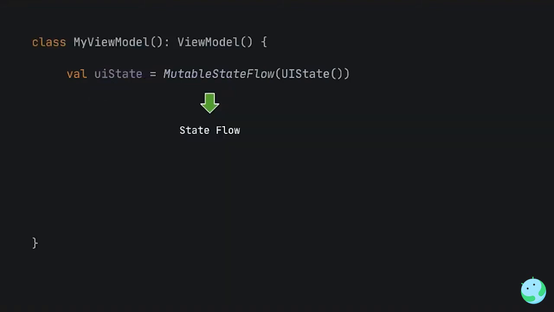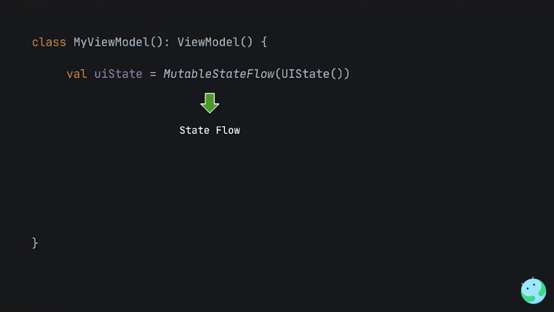So to expose the stream of states, what am I going to use? I'm going to use a mutable state flow. Recently, a couple of months ago or last year, shared flow and state flow were introduced. They are ways to broadcast events to multiple consumers, and both have unique properties.